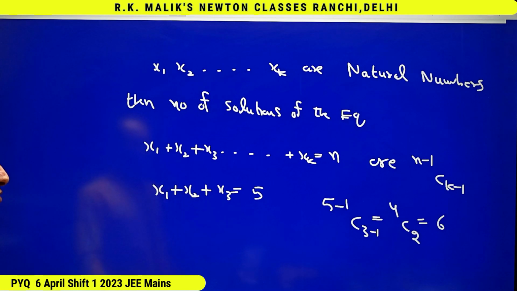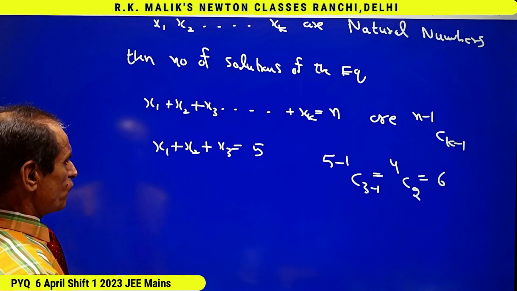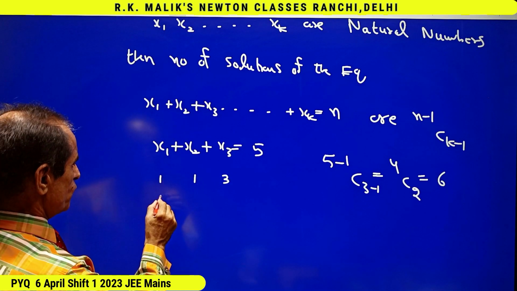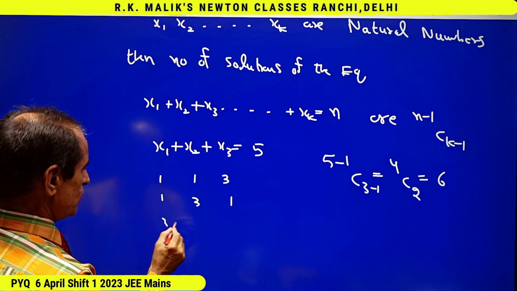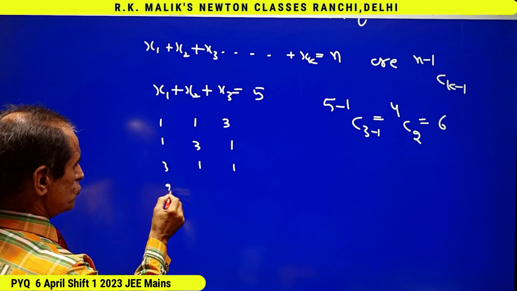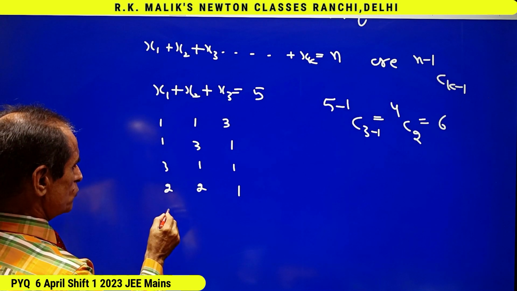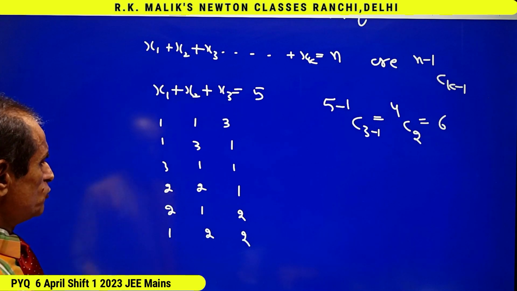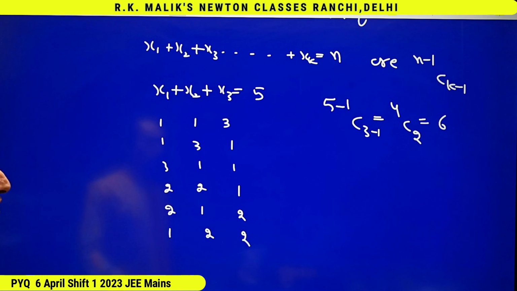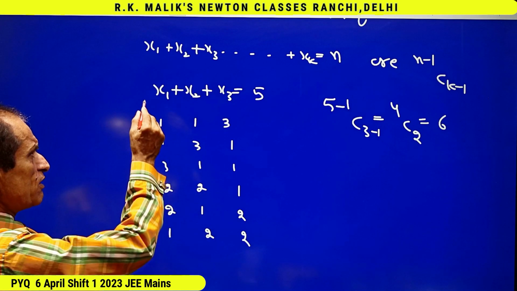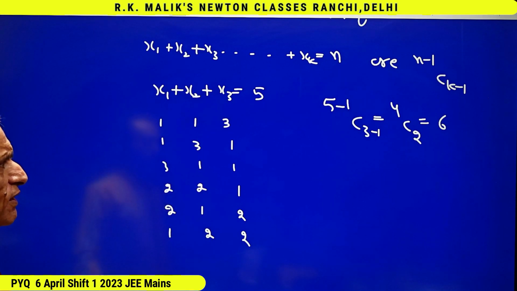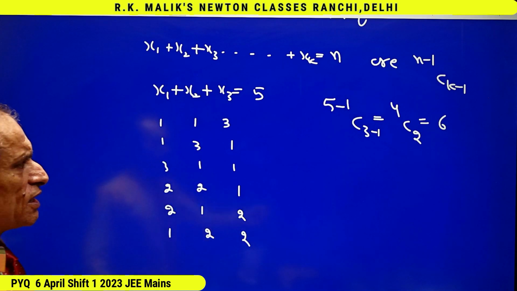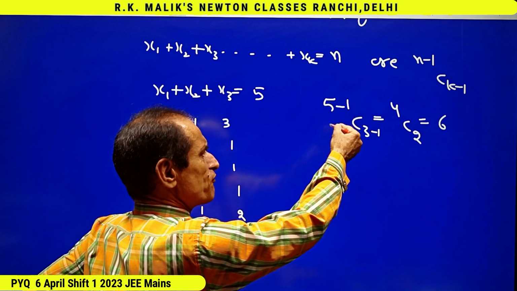And if you want to see those solutions, one of the solutions will be 1, 1 and 3; 1, 3, 1; 3, 1, 1; 2, 2, 1; 2, 1, 2; 1, 2, 2. You can see very easily there is no other solution of this equation given that x1, x2, x3 are all natural numbers. I have given the explanation, otherwise the direct formula is that the number of natural solutions is given by this formula.